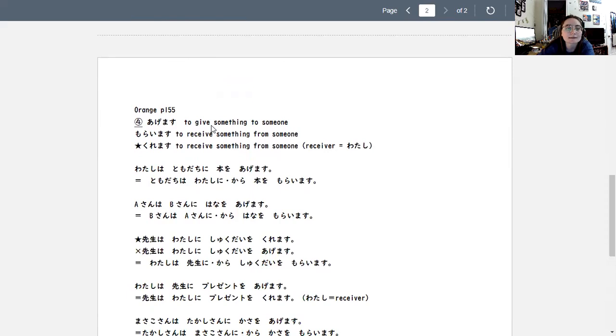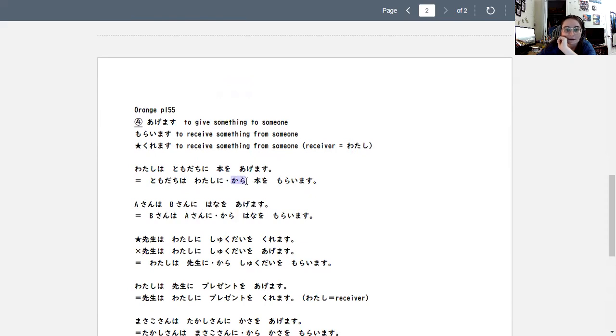Okay, agemasu is to give something to someone. Moraimasu is to receive something from someone. And kuremasu is to receive something from someone, the receiver being yourself. Okay, so watashi wa tomodachi ni hon o agemasu. And that's equal to tomodachi wa watashi ni kara hon o moraimasu.